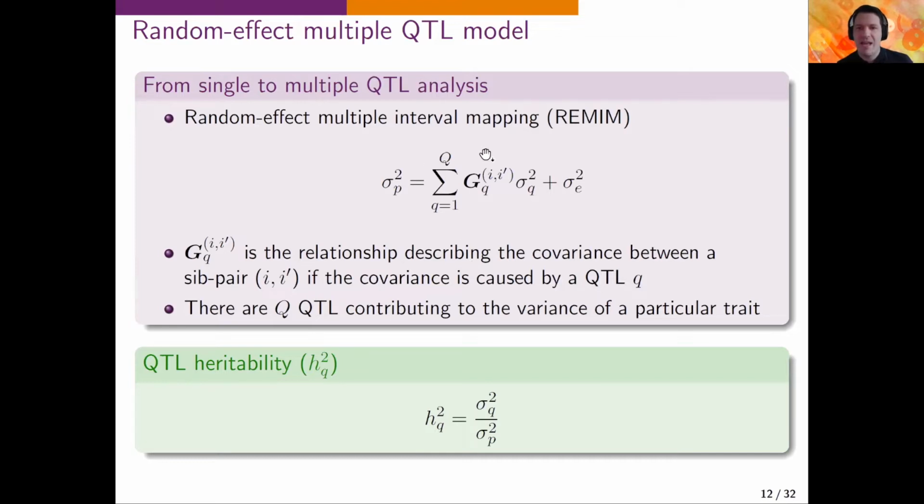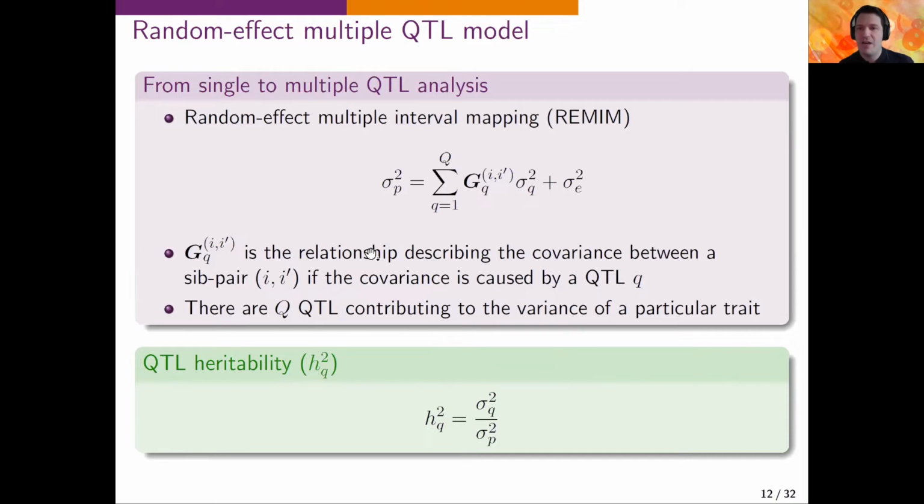And of course, by adding these different variance components associated with different positions, we can have a multiple QTL model. The estimation of these variance components associated with QTL allows us to calculate the proportion of the total variance explained by each QTL, which is the very definition of QTL heritability, right?